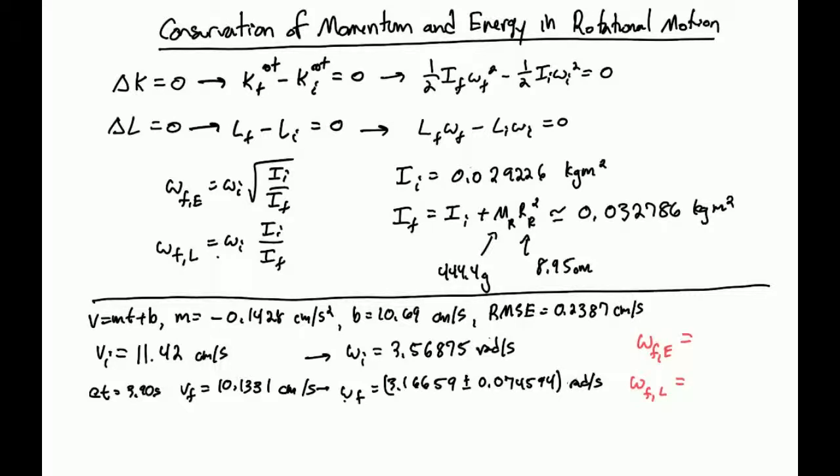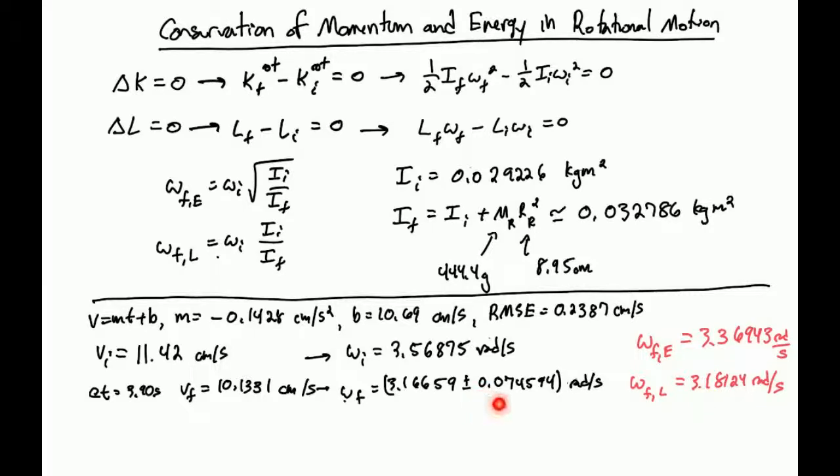So now I want to find the theoretical values from plugging in my values for I here and into here and here, to get the theoretical values from energy conservation and from momentum conservation. We find that if energy is conserved, we expect the velocity to be 3.36943 radians per second, and if momentum is conserved, we expect 3.18124.